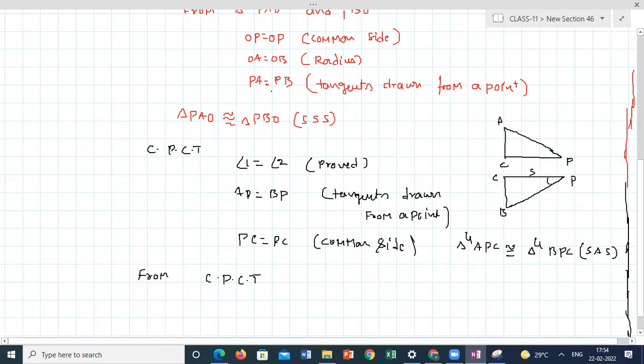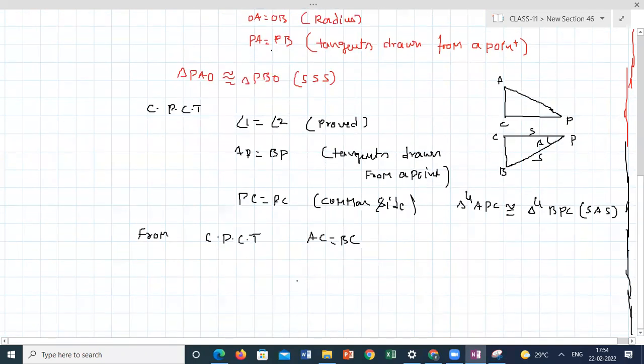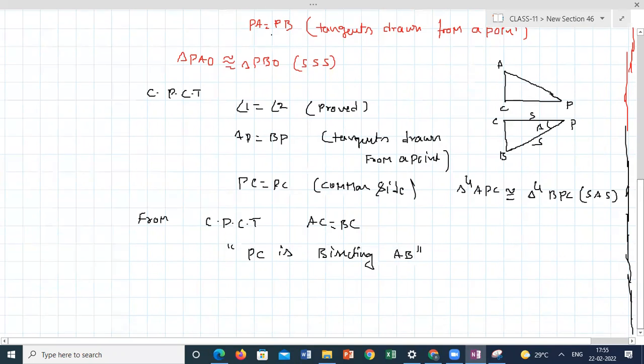This is side, this angle, this side. So from CPCT, I can say AC is equal to BC. So whether it is perpendicular or not, AC is equal to BC means PC is bisecting AB, which just proved only bisecting. We have to prove perpendicular bisecting.